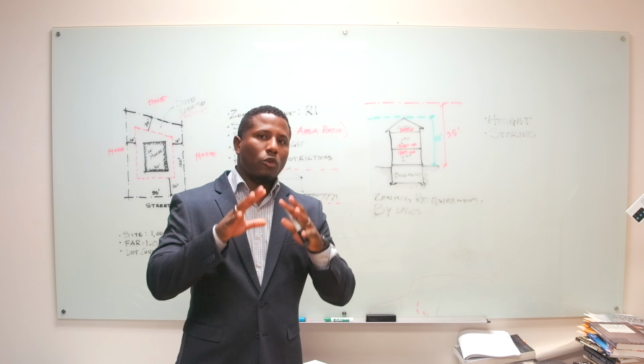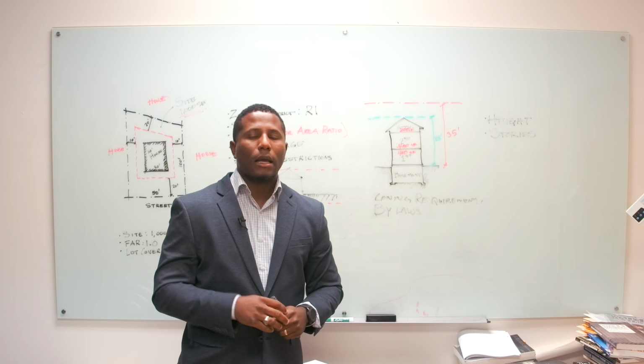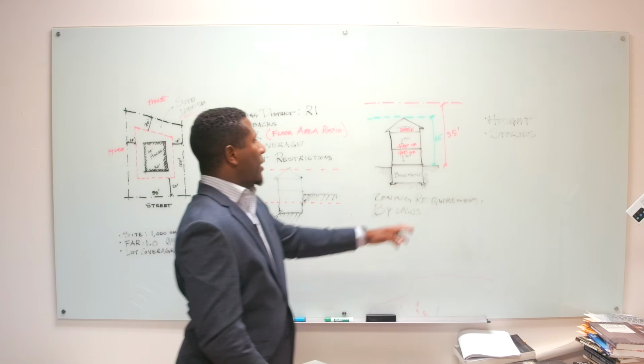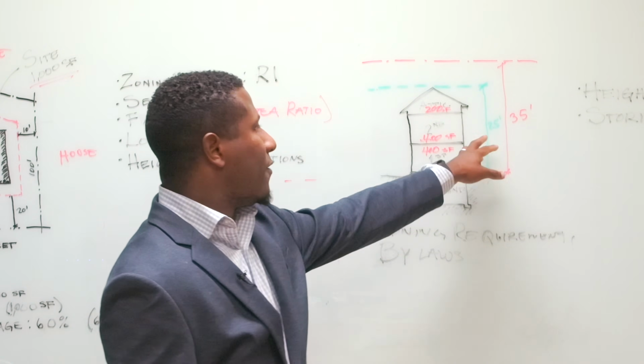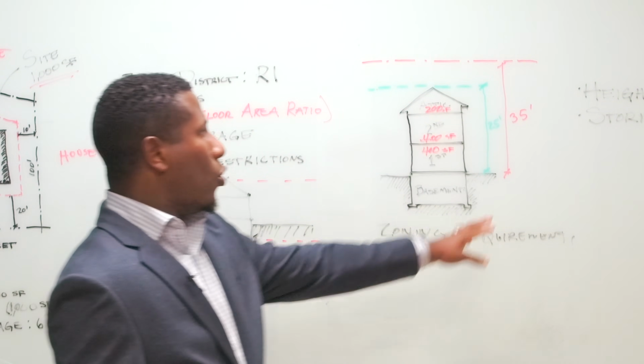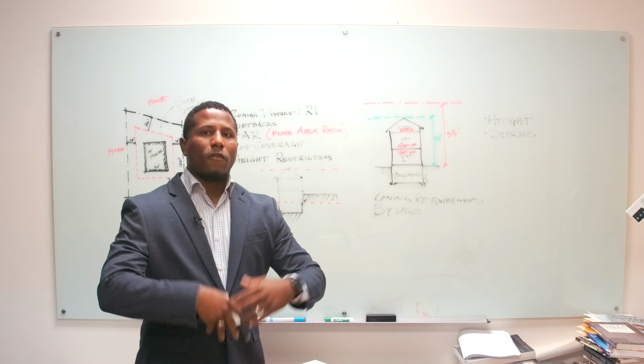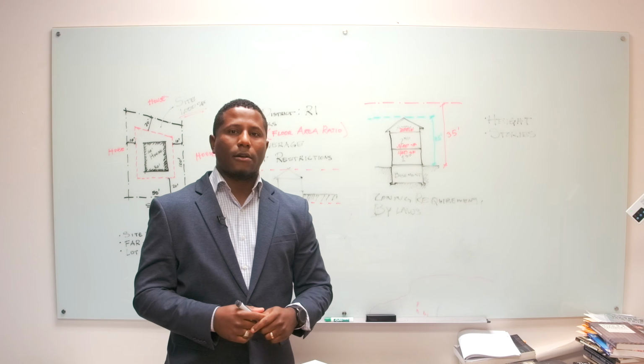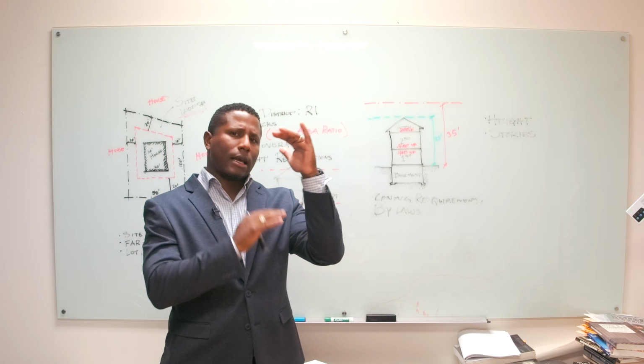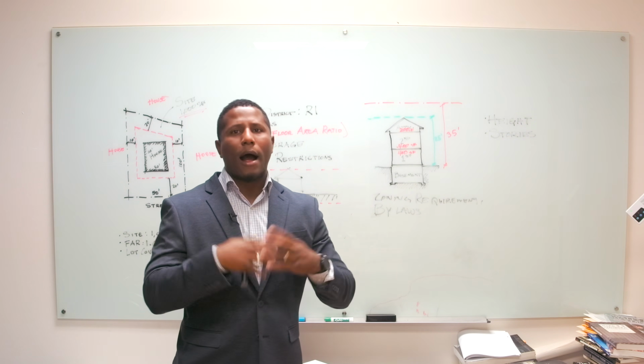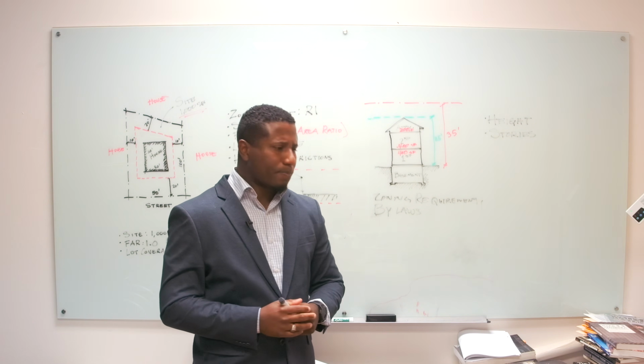After you locate in which district you are located, it is going to specify, oh, it is 25 feet high max, or it is 35 feet, or 50 feet, 60 feet, etc. So it's important for you to understand that relationship and how high you can go within your district.